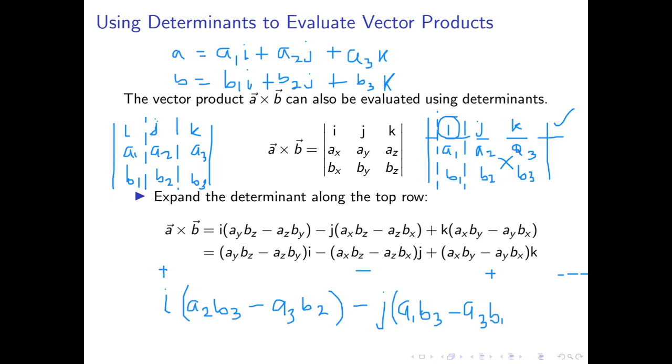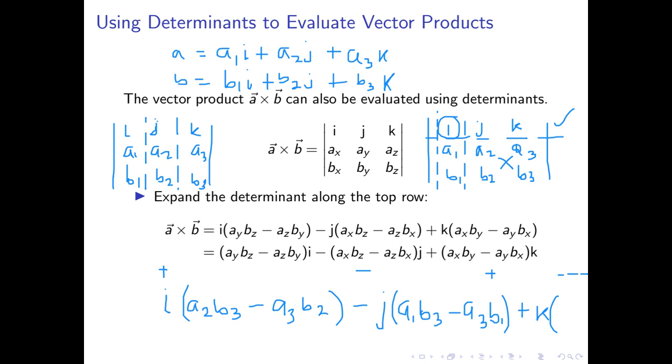You see? So I'm done with that J part. Then I'm left with the last component, which is K. Remember I said it's plus, minus, plus. So it's plus K.